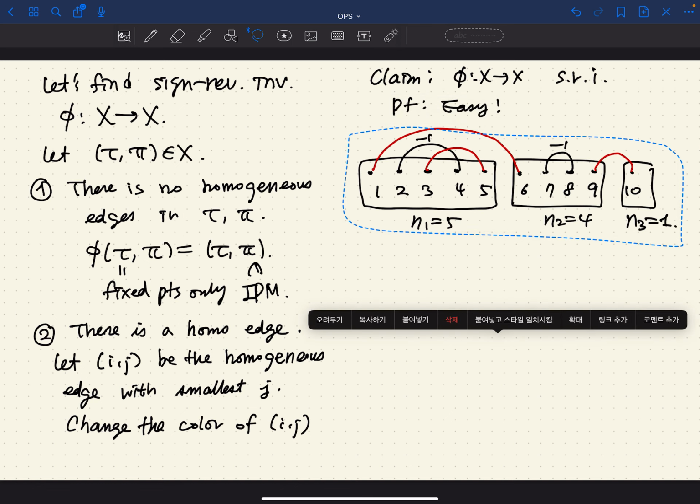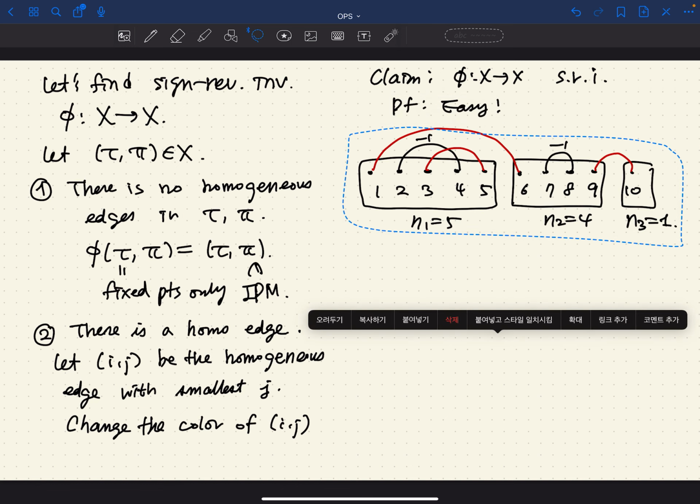Now let's move on. Before stating the theorem, I'm going to need one more definition, but this should be familiar to you. Again, n1, ..., nk fixed.